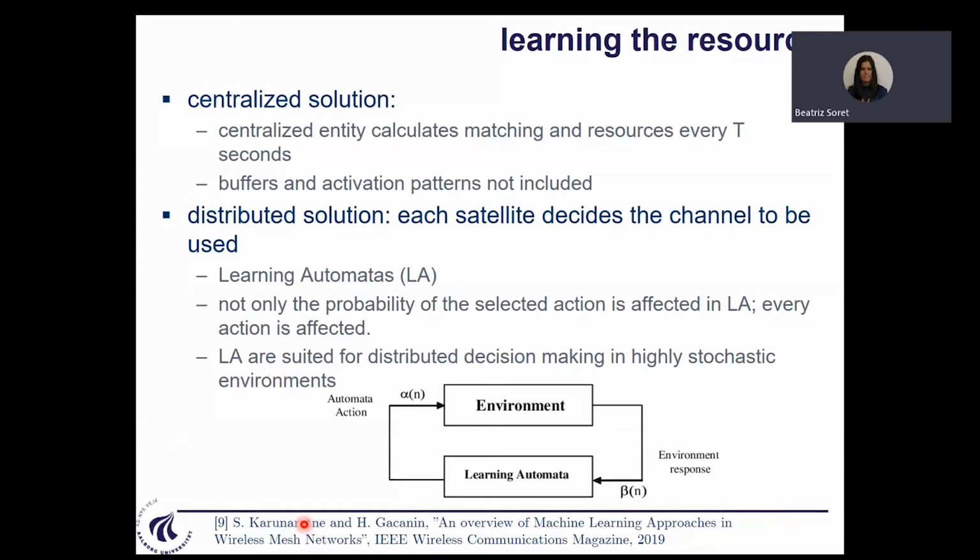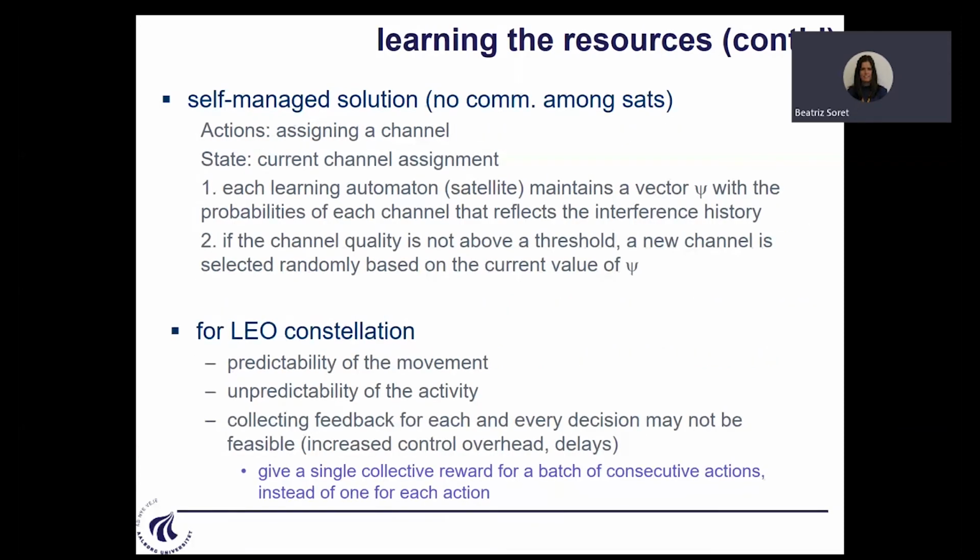And as I said, it has been tested in wireless mesh networks. Wireless mesh networks have some similarities with constellations. The only thing is that in constellations, things are moving, but you can predict how they move. So this is a big difference that should be somehow incorporated in our solutions.